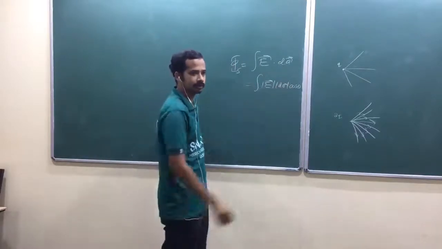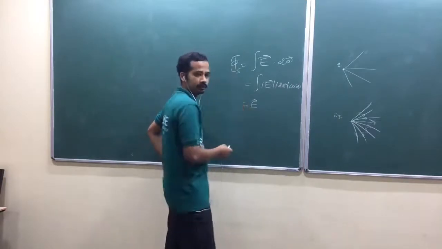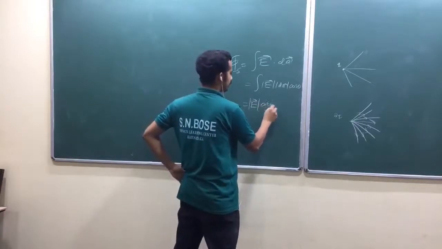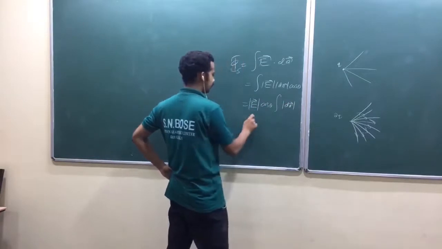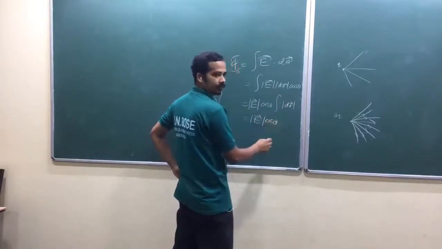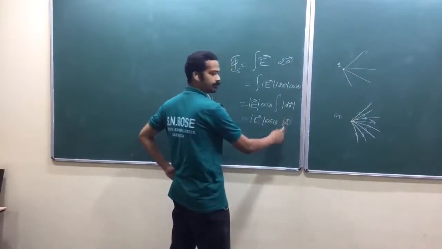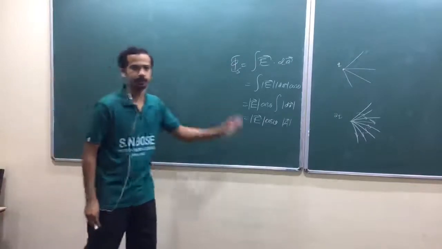You can take both of them outside, isn't it? Suppose my first example. I can take the electric field as well as cos theta outside, leaving the integral of dA vector. What is the integral of dA vector? That's the total area, isn't it? That's your earlier formula. Is that okay? So that's how it works for a special case.